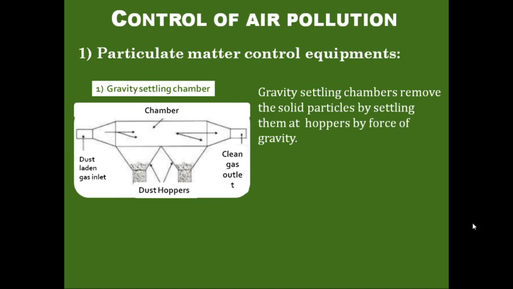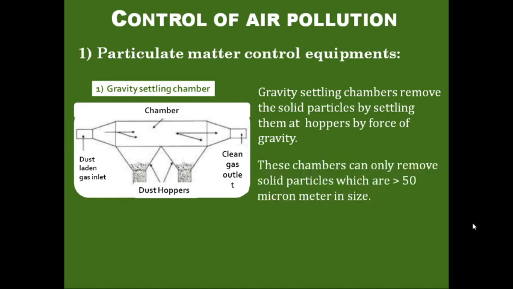When the entire volume of gas is taken out of this chamber, the valve of the hoppers can be opened to remove dust particles from the gravity settling chamber. But these chambers can only remove solid particles which are greater than 50 micrometer in size.